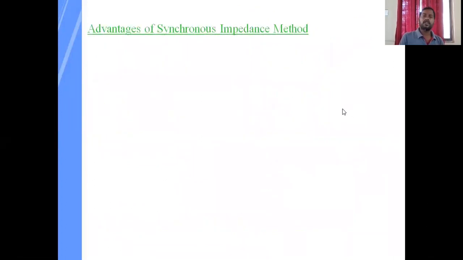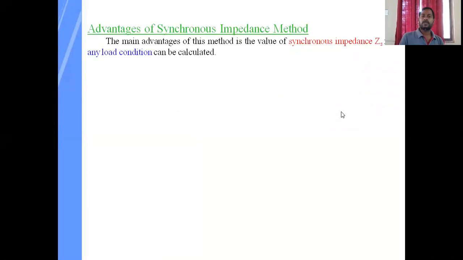So let us discuss the advantages. What are the advantages? The first advantage of this synchronous impedance method is that at any load condition we can calculate the synchronous impedance. This is one main advantage.